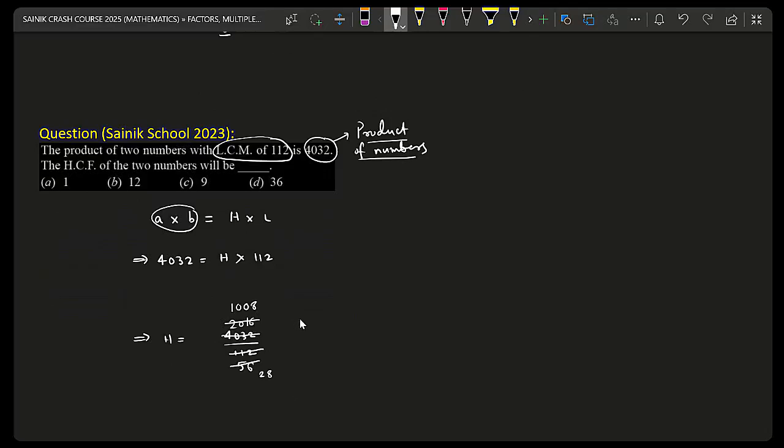Again, both are divisible by which number? 2 table only. Yeah, 2 into 14 and 2 fives are 10 and 0 4. Now again divisible by 2. 2 sevens and 252.